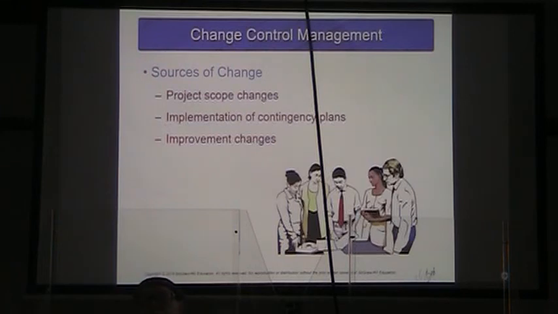All right, so when we think about our change control, what are the sources of change? Well, first of all, we might have project scope changes. Right? Our champion comes to us and says, hey, we need this new product to also do this. Or our customer comes to us and says, you know what, our competitors are already doing this, can we incorporate this into the project?